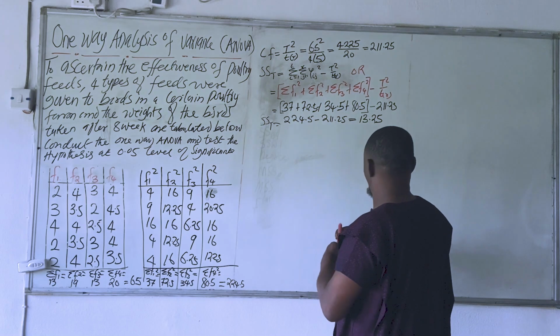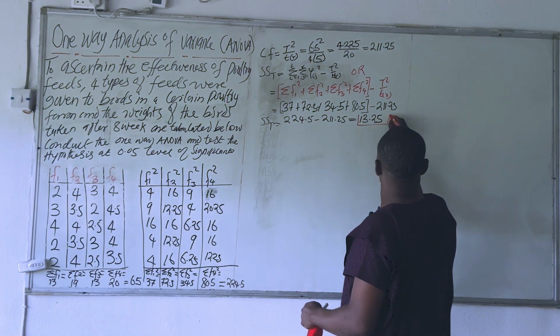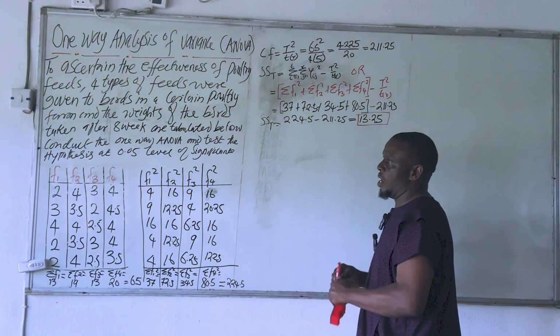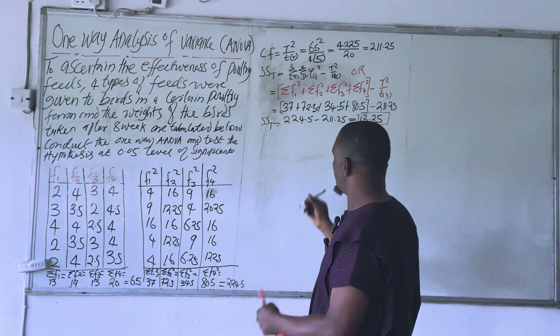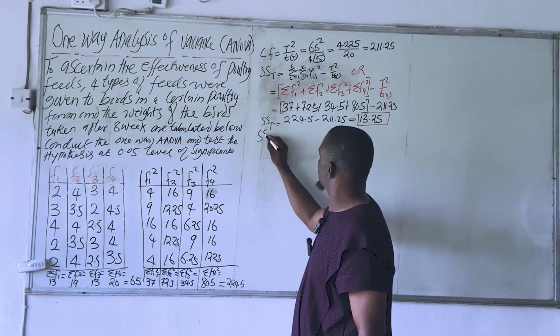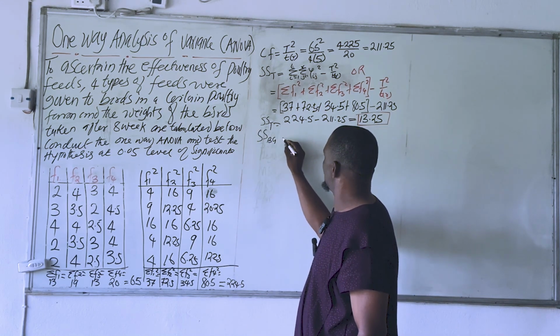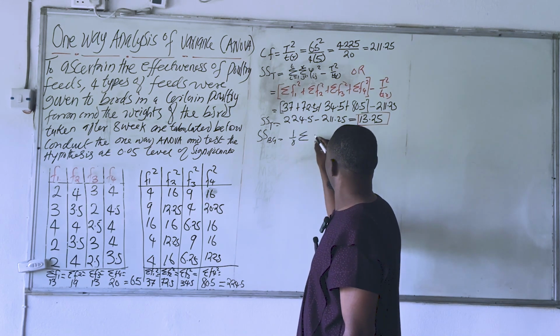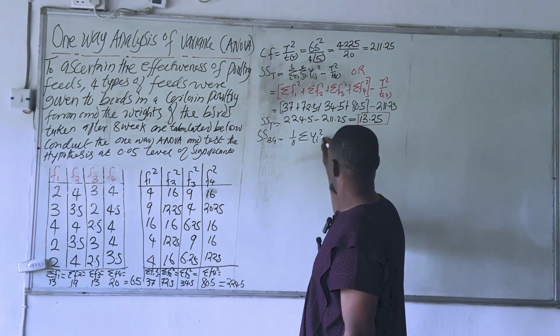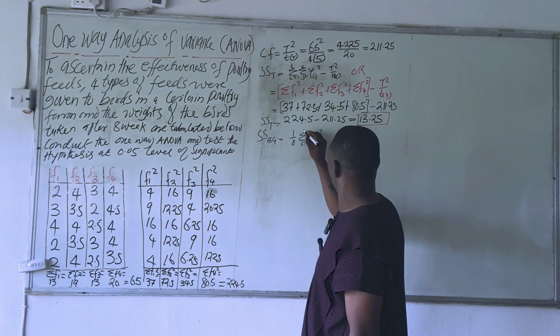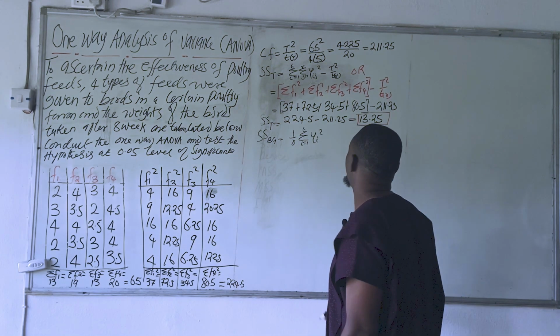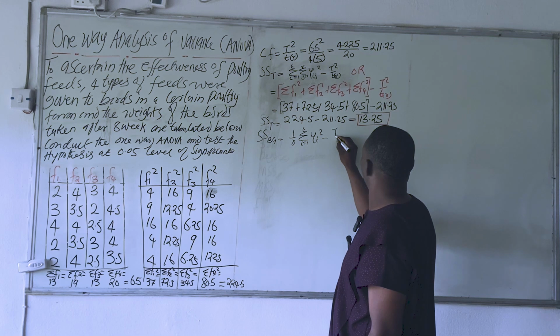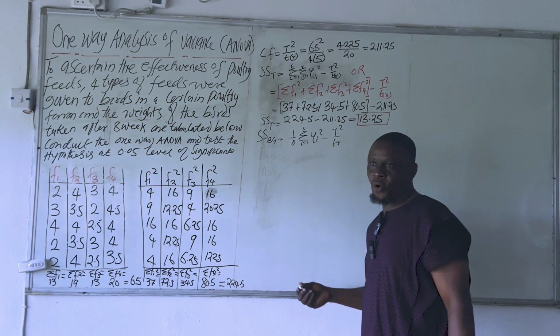Now the next thing will be to calculate the between group sum of square. So sum of square between group is given as 1 over r, summation of yi square as i goes from 1 to t, minus our correction factor, which is y square over t r.